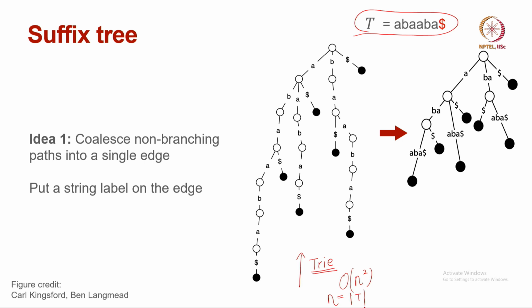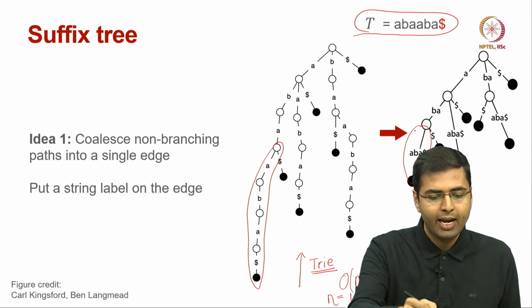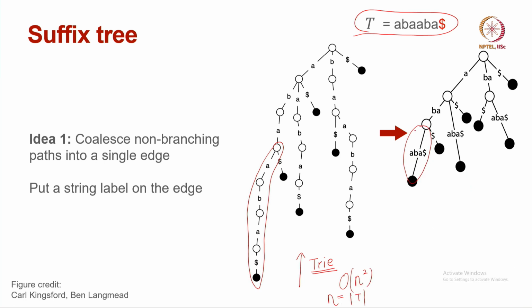So, in order to reduce the space requirements, the first idea that we are going to do is we are going to collapse the non branching paths into a single edge. For example, you see that there is a long non branching path here. What I am going to do is I am going to coalesce this long non branching path into a single edge, and instead of having character labels on each edge I am going to put string labels now.